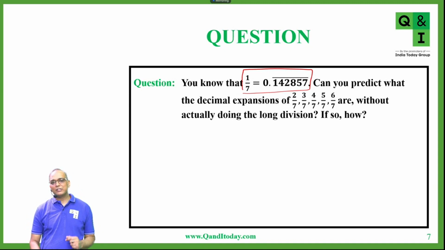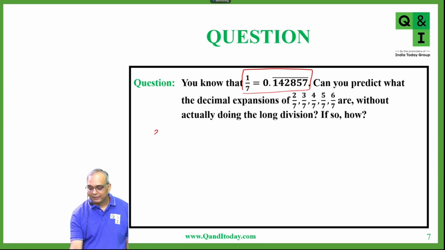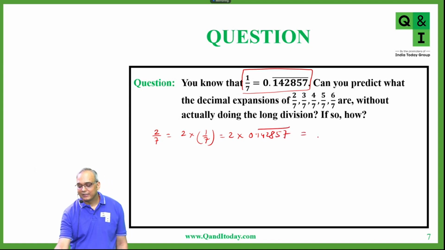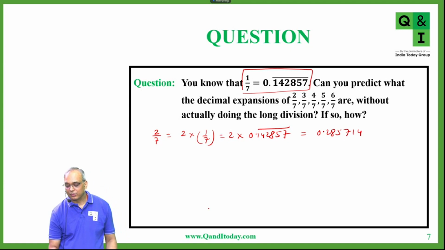There are two ways of doing it. One is because you have to find 2 by 7, this is 2 times 1 by 7. So that is 2 times 0.142857 bar. So this will be 0.285714 bar.